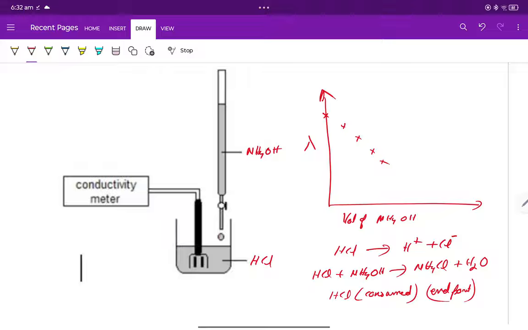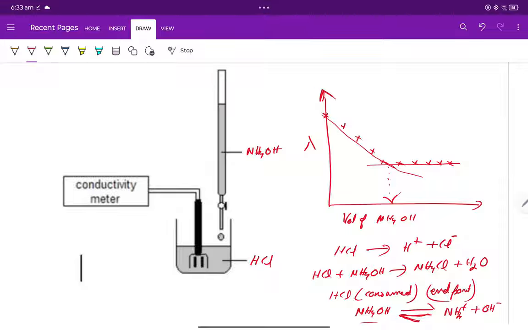Now the excess of ammonium hydroxide will be there, but ammonium hydroxide, as you know, is a very weak base, so it will be dissociating as NH4+ and OH-, but this equilibrium is far more towards the left, meaning to say it will be existing as ammonium hydroxide itself. There will not be any change in the conductance. There may be a change, but it will be very less. So if you join these two curves like this, this will be your endpoint.